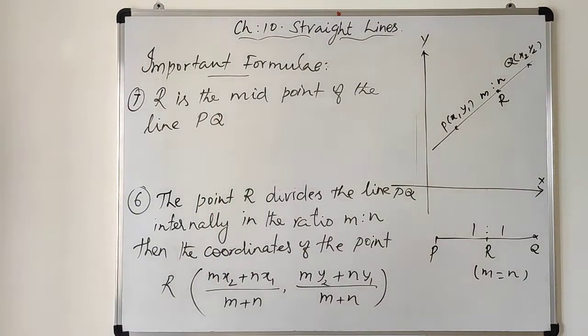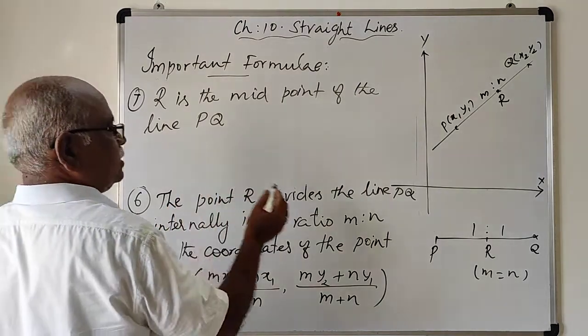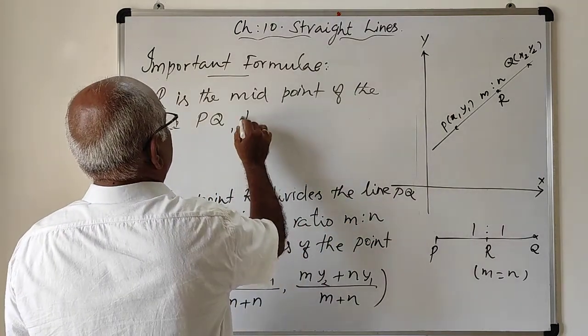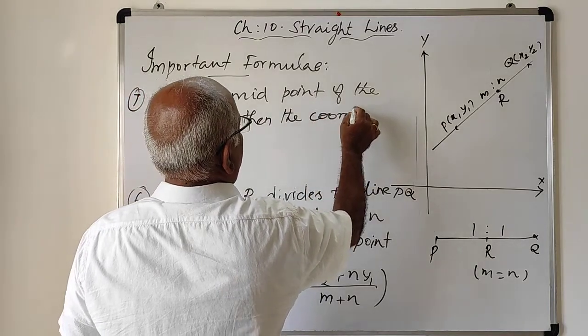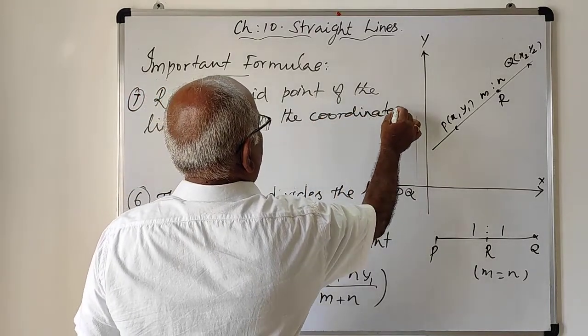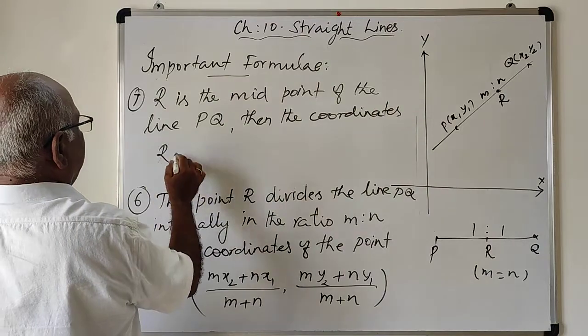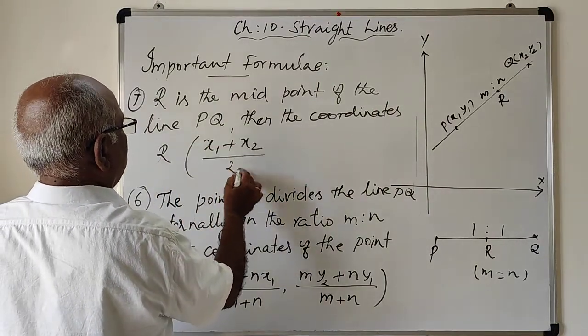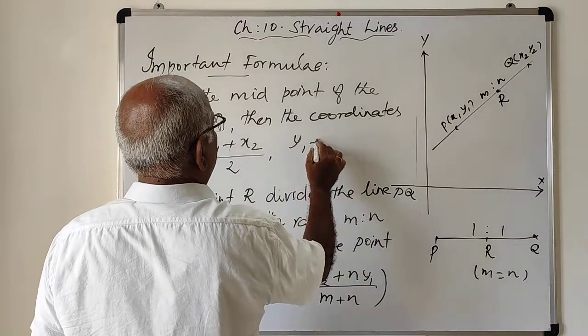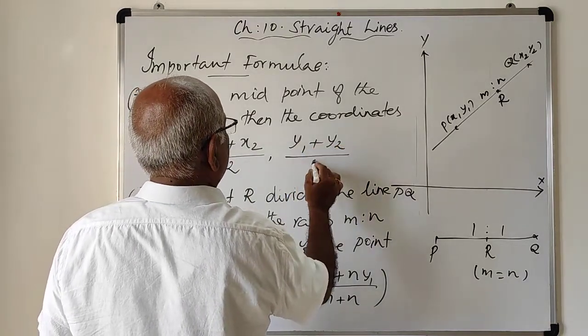Then R divides in the ratio 1:1. Then the coordinates of the point R is (x1 plus x2) by 2, comma, (y1 plus y2) by 2.